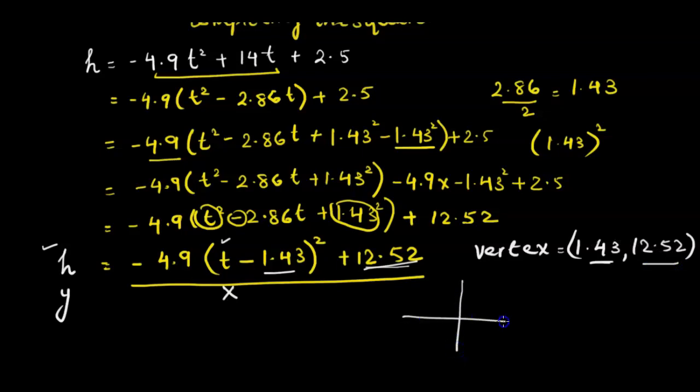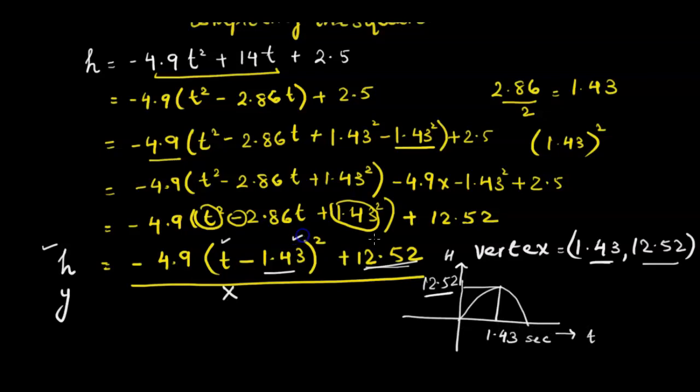So just in case the ball goes like this, the maximum height of the ball is 12.52. So this y-axis represents height and x-axis represents time. Therefore, the height is 12.52 meters at time 1.43. Because time is given to us in seconds, this is going to be 1.43 seconds.